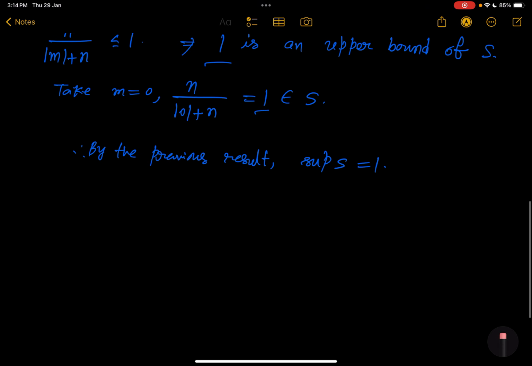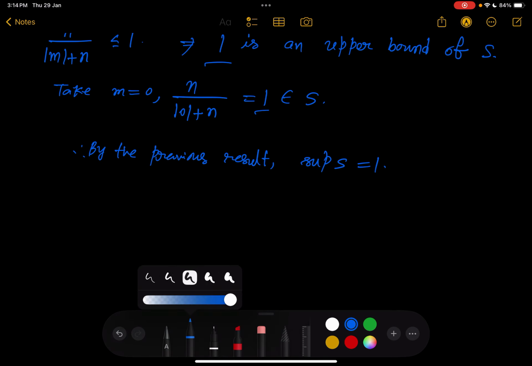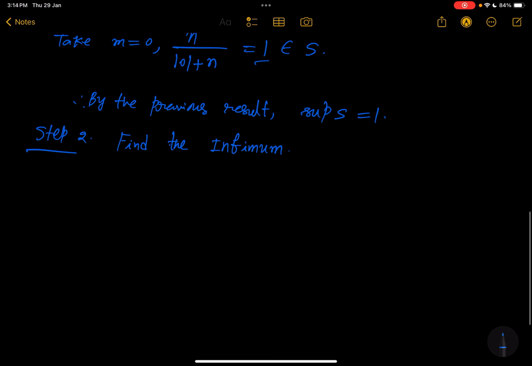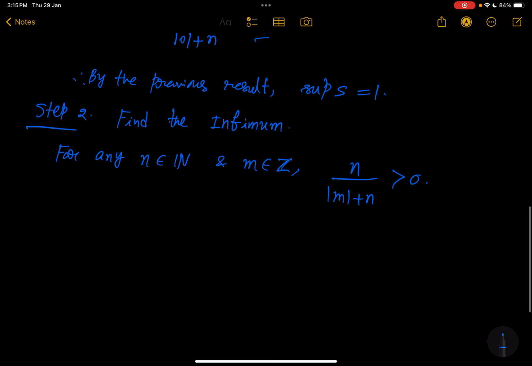Now in step 2, we'll find the infimum. For any n belonging to N and m belonging to Z, we have this, because small n is positive and mod m plus small n is also positive.